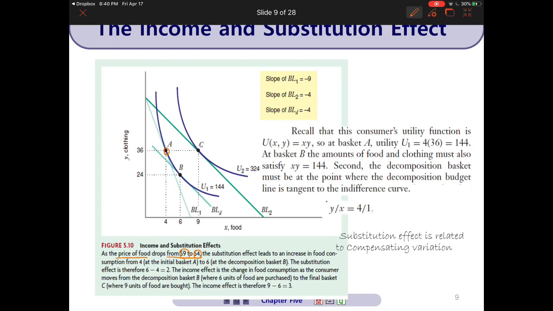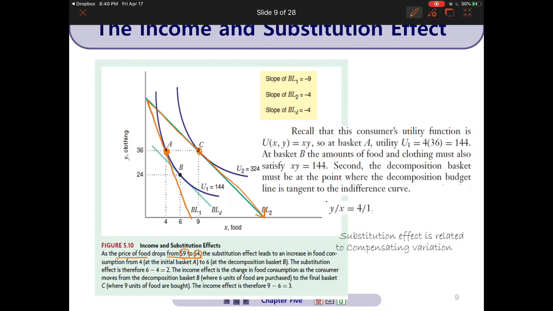As it does, our budget line was this one at the beginning, but now it changed to this one. So originally the optimal basket was at A, but after the price of good X falls to 4, the new optimal basket occurs at C.